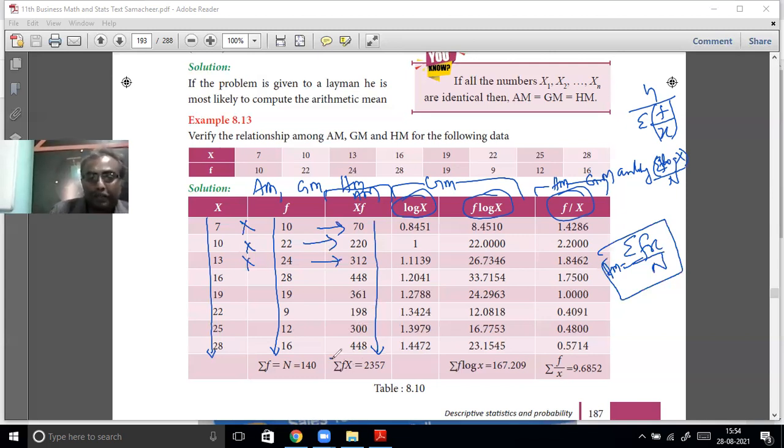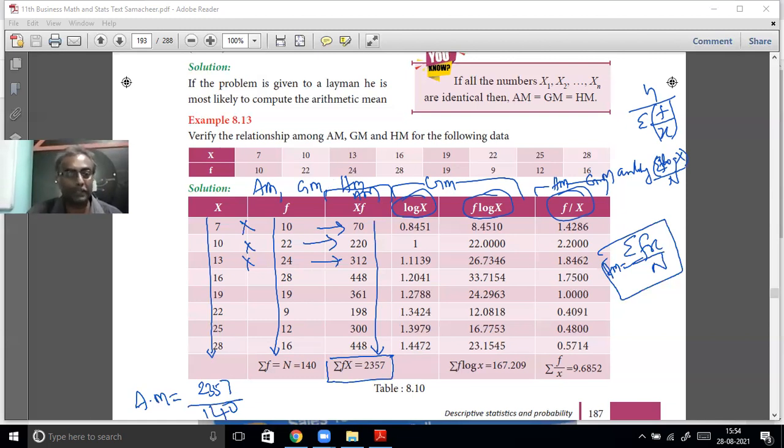Then you find sigma fx. Now what is the arithmetic mean? It is nothing but 2357 divided by 140.